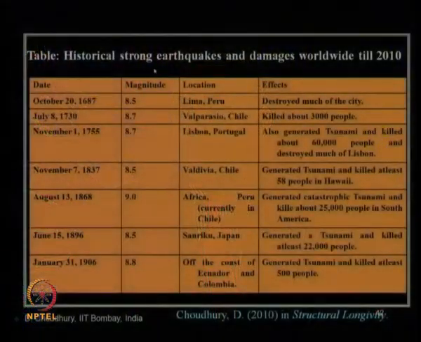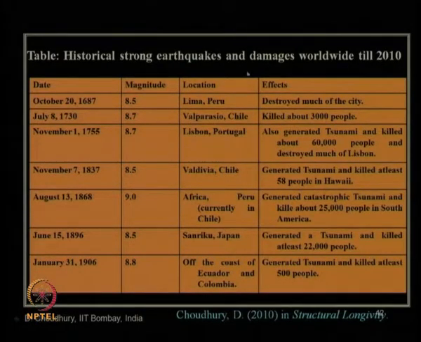Let us see the historical strong earthquakes and damages worldwide till the year 2010. These details are available in a journal paper, which anyone interested can go through. This is the name of the journal, Structural Longevity, by myself, published in 2010.